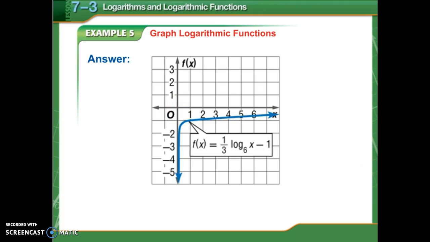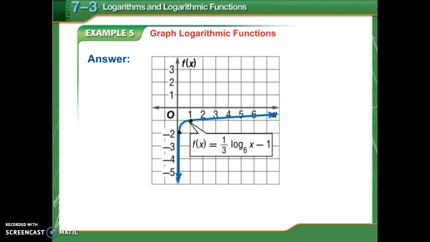Let's draw this up here. We would have been at 1/6, -1, but since our graph is shifted down 1, we're actually down here at 1/6, -2. We would have been at 1, 0, but we're shifted down 1, so we're at 1, -1.